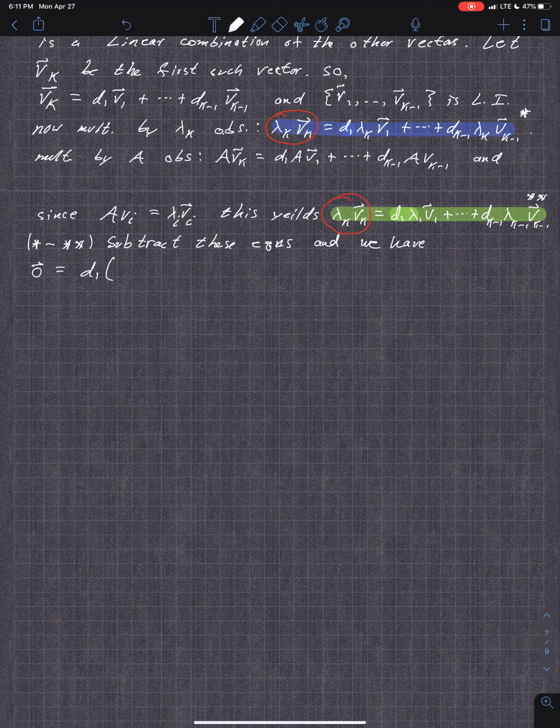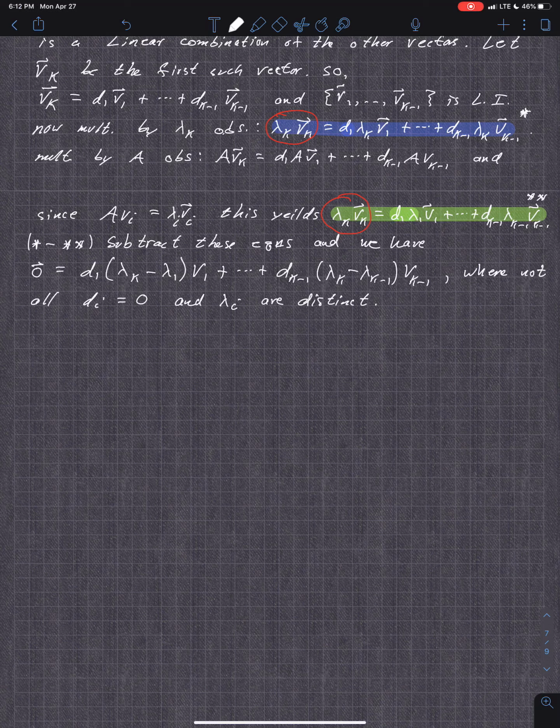d1 (lambda k minus lambda 1) v1 plus all the way down to d sub k minus 1 (lambda k minus lambda k minus 1) v sub k minus 1, where not all d sub i's equal 0 and the lambda sub i's are distinct, because those were our assumptions.